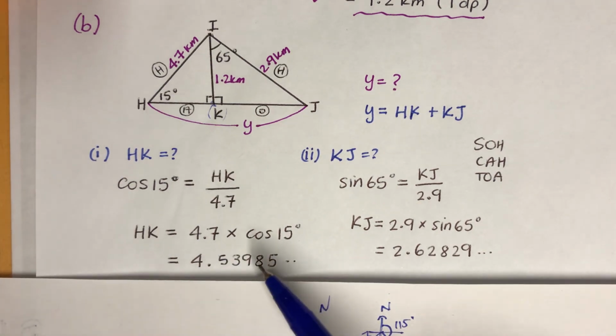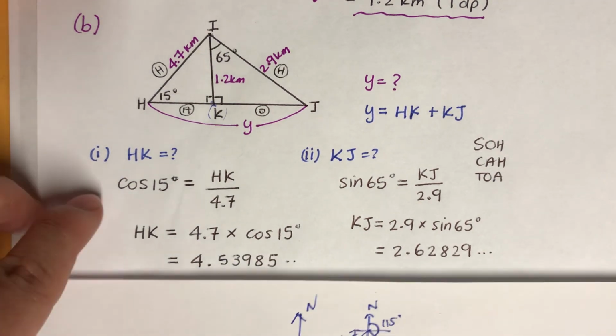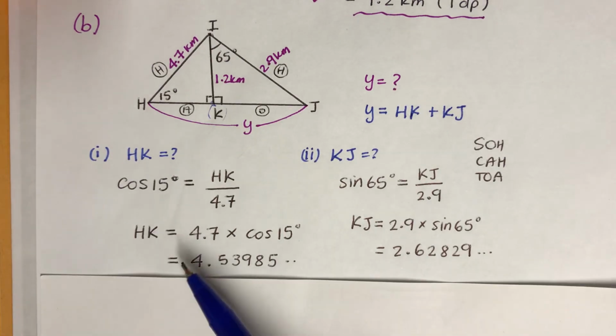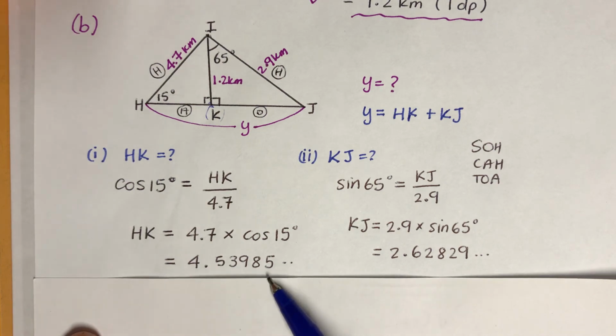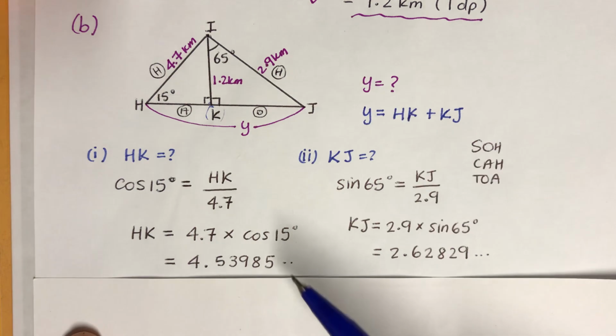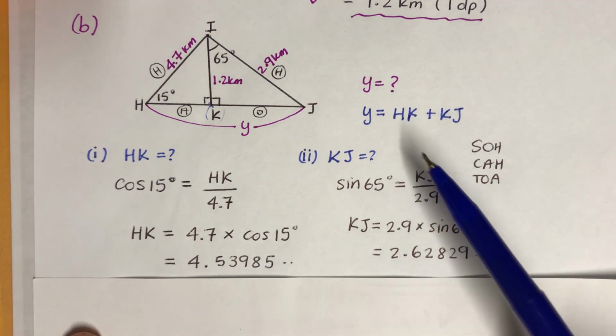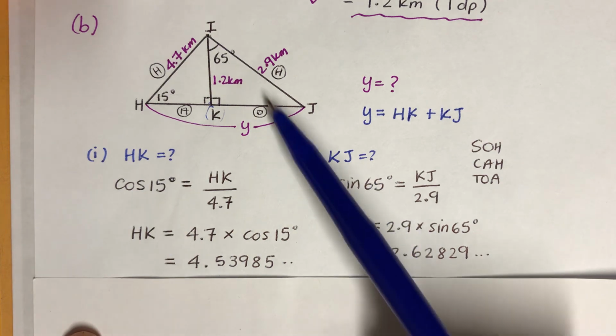Now, when you are not getting a final answer, just make sure you don't just put one decimal place answers. Put as many as you can, because the more decimal places during the process of working out, you'll get a more accurate answer.